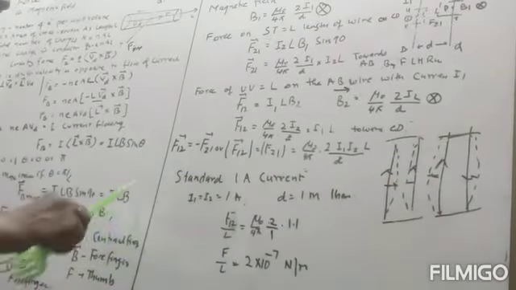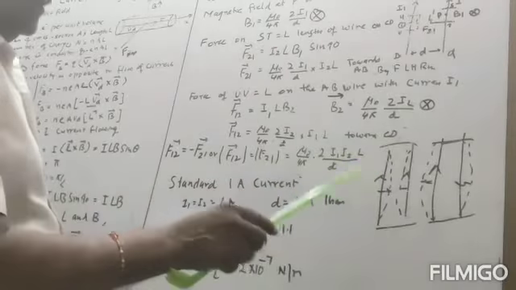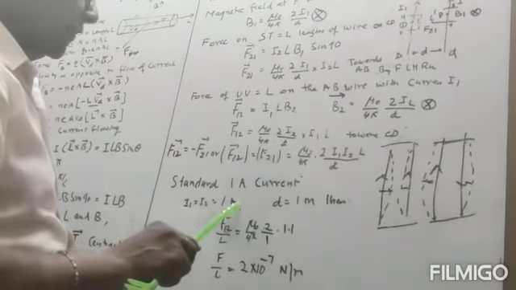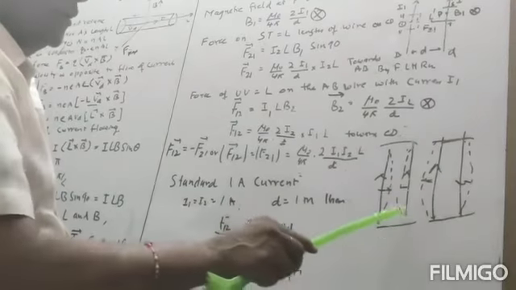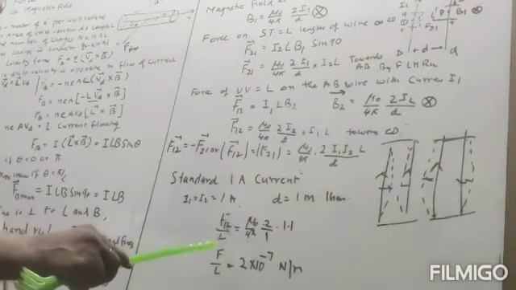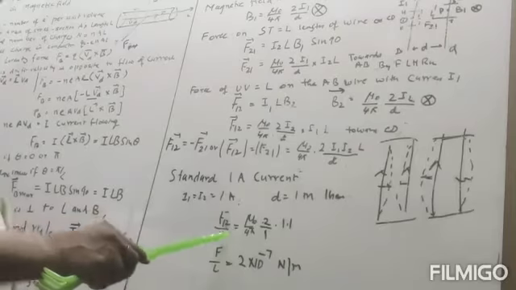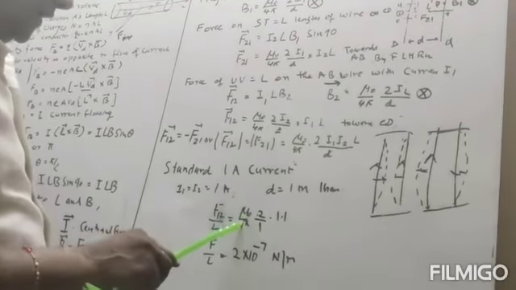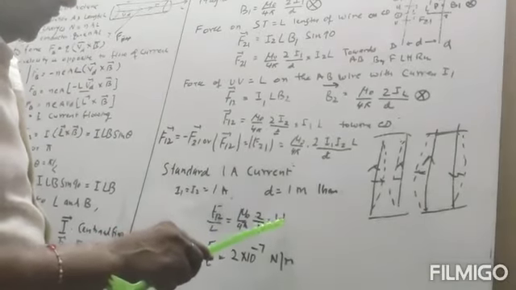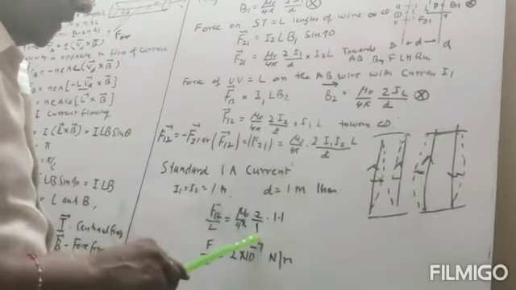Now we can define the standard value of 1 ampere current. If we have two wires, their currents are equal and each is 1 ampere, and the distance between the two wires is 1 meter, then the force F12 divided by L will be equal to mu 0 by 4 pi into 2 I1 I2 by D. This is 1 ampere, this is 1 ampere, and D is also 1 meter.